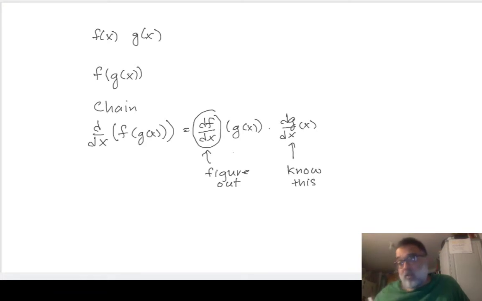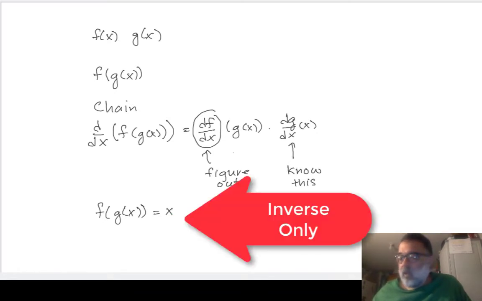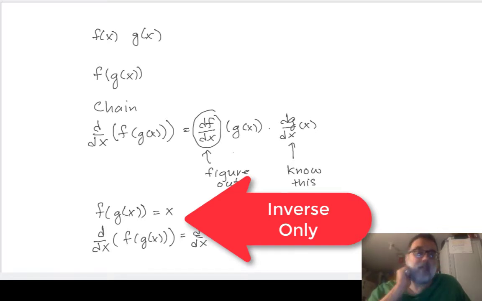And why it's particularly good for inverse functions is that what makes functions inverses is that if you start at x, g goes to g of x, f takes it back to where we came from, which is the x. So, but if we take the derivative of one side, it's still equal if we take the derivative of the other side.